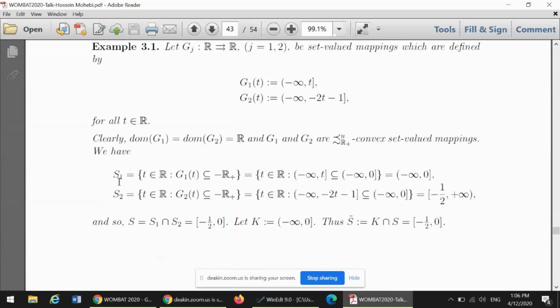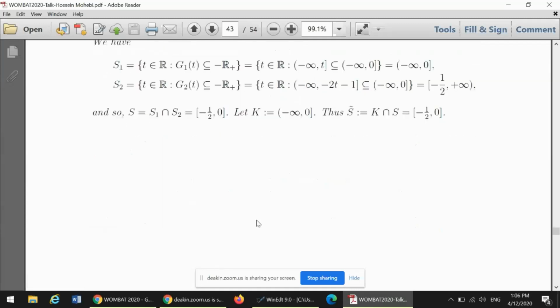Also S1 is equal to this closed ray, and S2 also is equal to this closed ray, and S, the constraint set, is this closed interval, and let the closed convex cone K be this closed ray, and also S tilde is equal to this closed interval, equal to S.